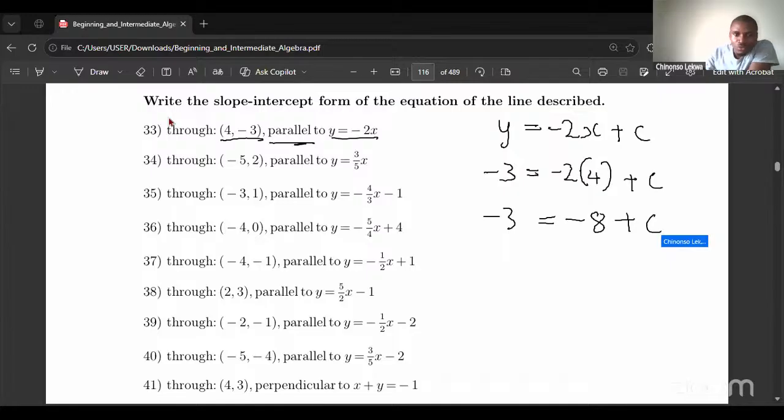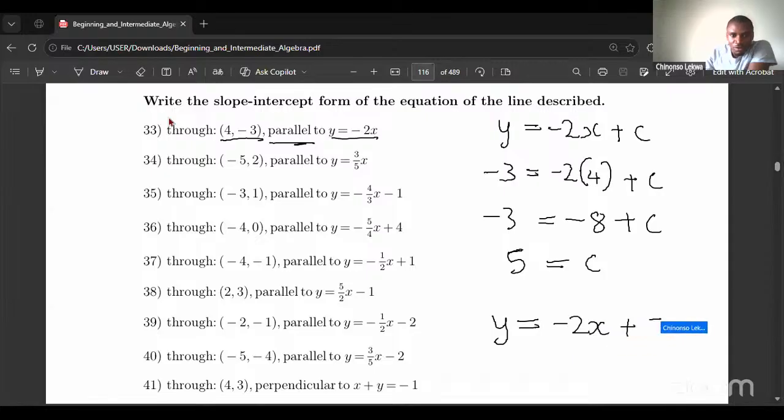To get c, I add 8 to both sides, so 5 is equal to c. So the equation would be y is equal to -2x plus 5. This is the equation of the line described: it passes through the point 4, -3 and is parallel to the given equation. So that's the answer to question 33.